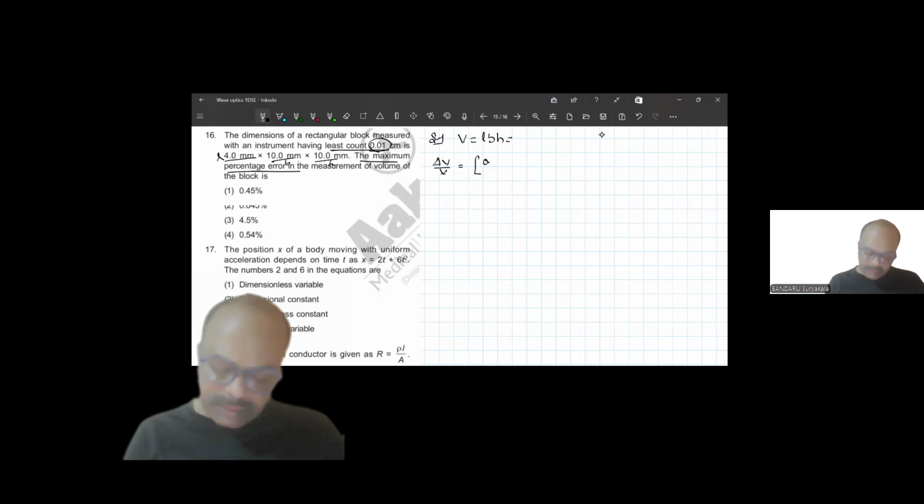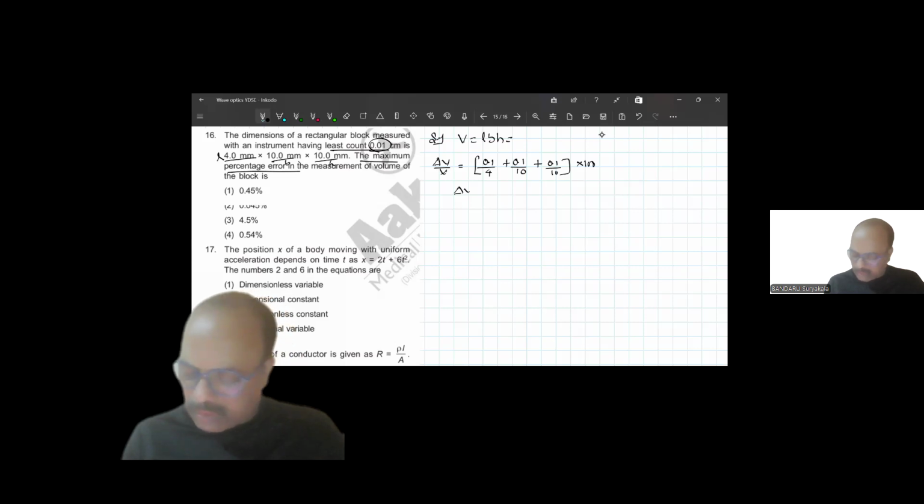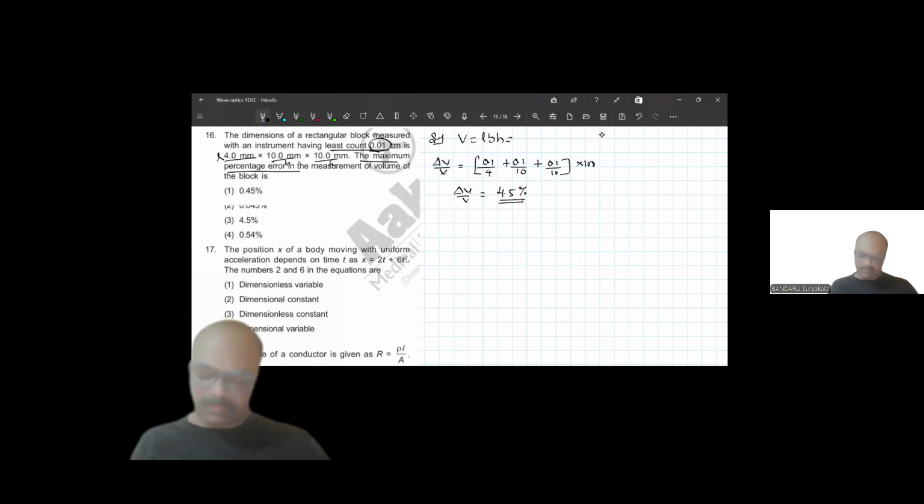It is in centimeters, they given in millimeters, so we can convert. Percentage error means we should multiply by 100. So we will get delta V by V equals, after doing the calculation part, 4.5 percent will come. Okay, next.